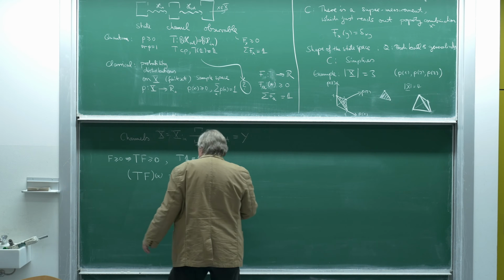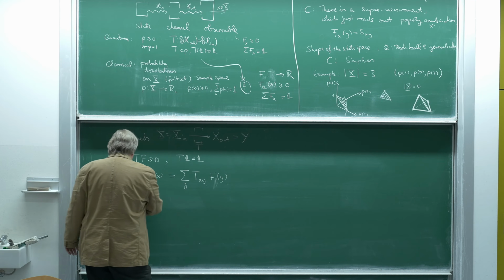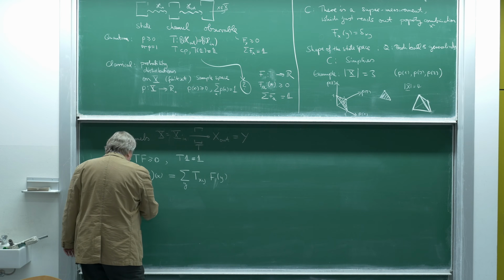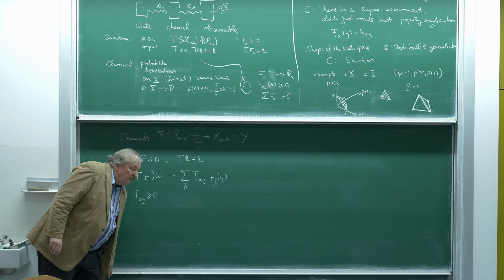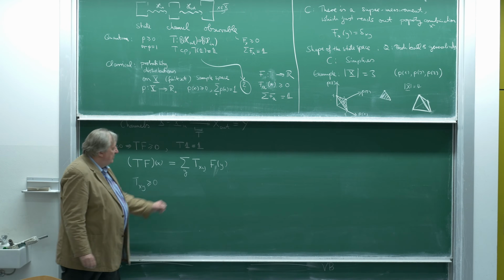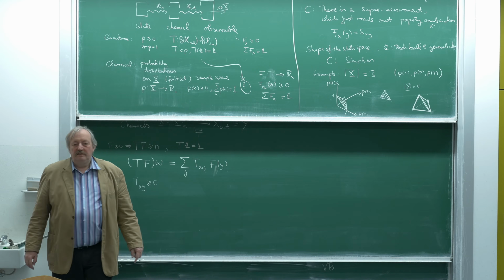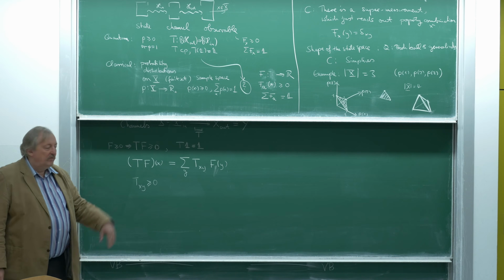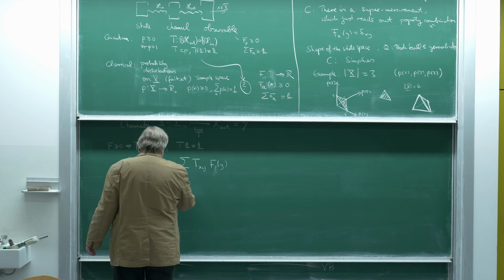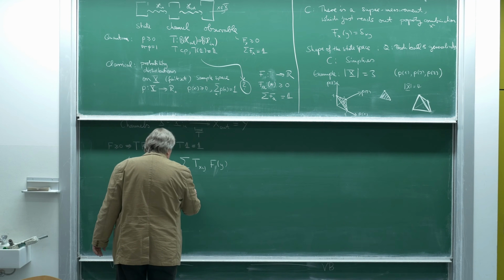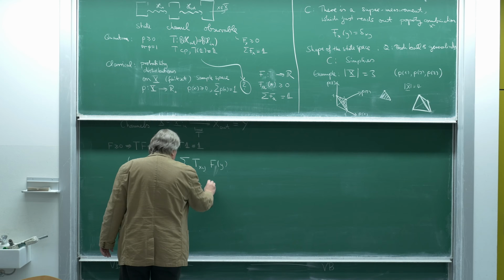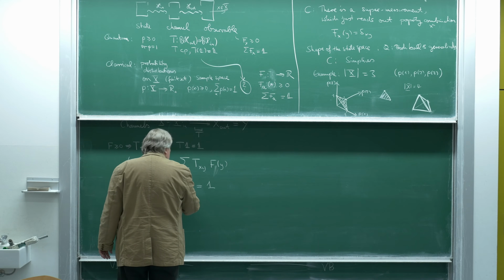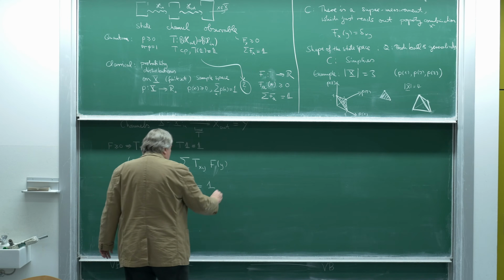So the first condition is that T of x,y is positive. And the second condition is that if I put the identity function there, that is, if I just sum over y, then this must be 1. This is the sum over y, for all x.